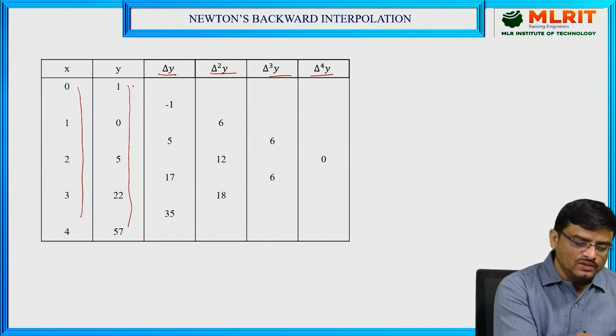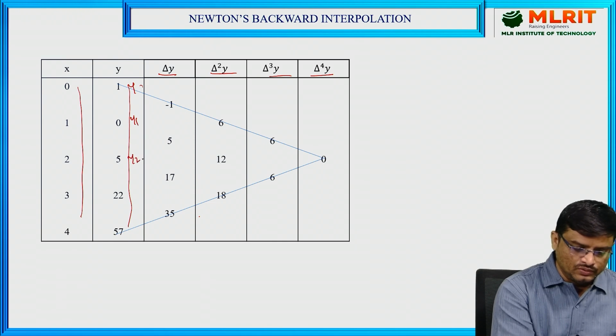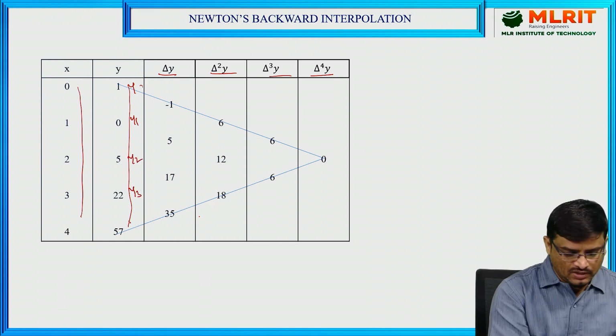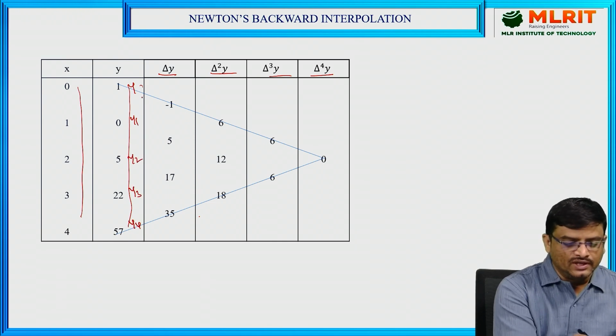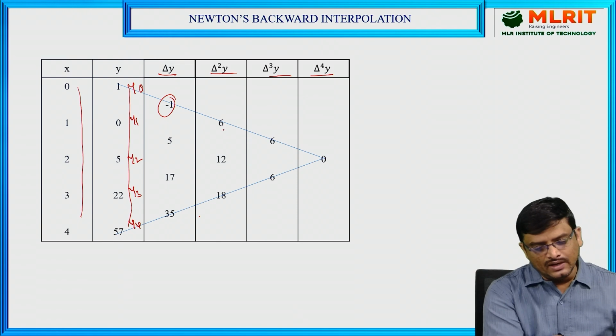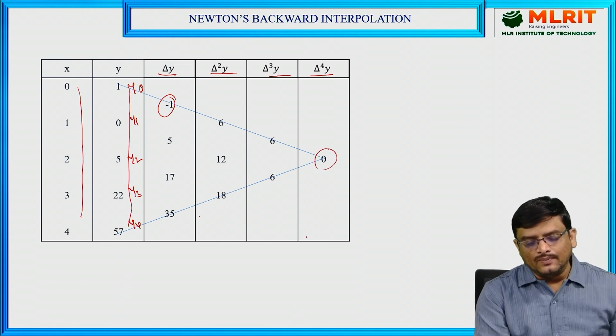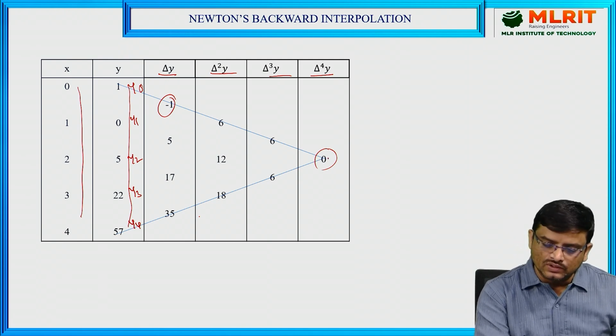As usual, you consider this as y naught, then y1, y2, y3 and y4, and find the differences here. You will get the first difference values, the second differences, and like this you find the differences. Finally you will get delta power 4 y, the fourth forward difference of y, equal to 0.